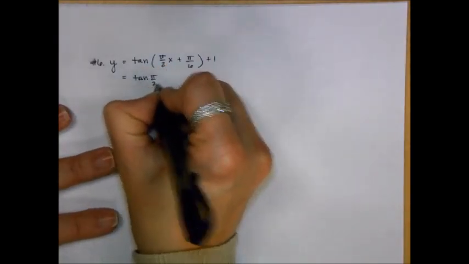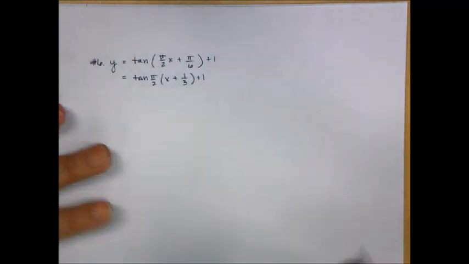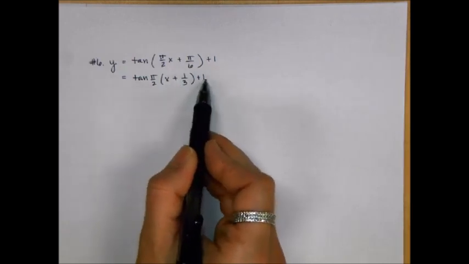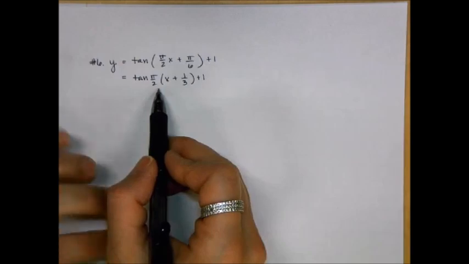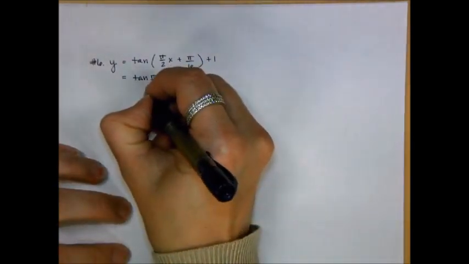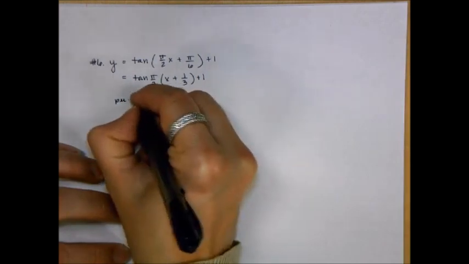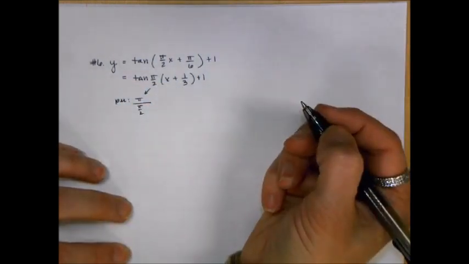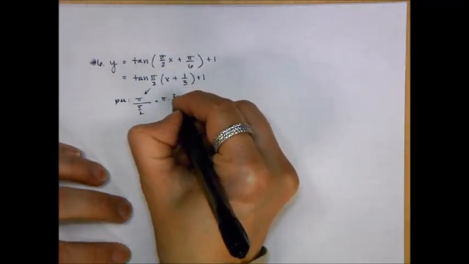So you'll notice there's a translation left 1/3 and a translation up 1 unit. So the period length here, we'll take pi and divide it by b, pi over 2. So pi times 2 over pi comes out to 2. So a period length of 2.